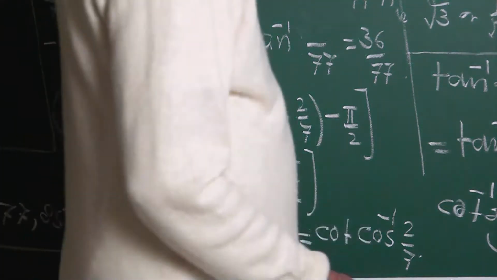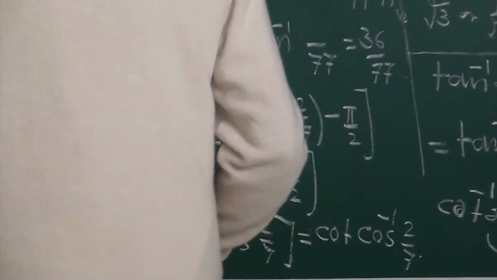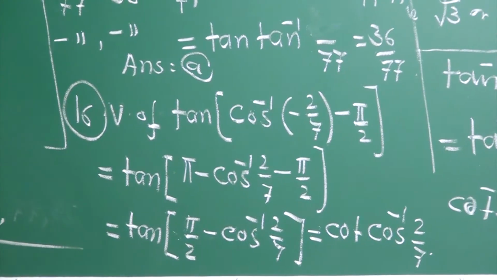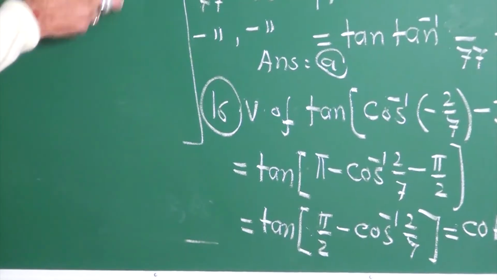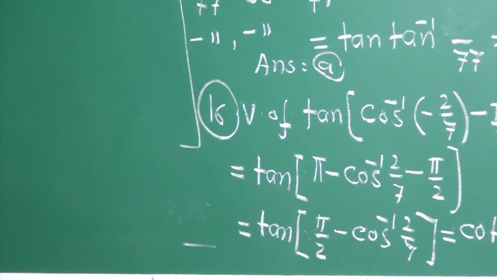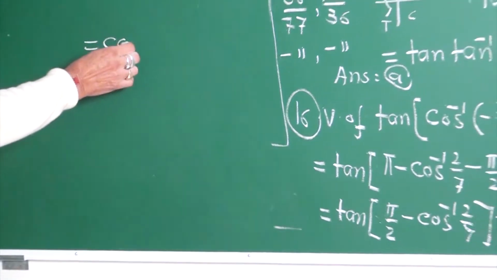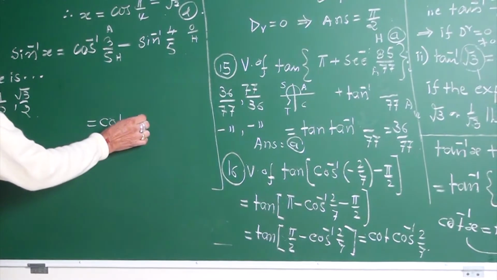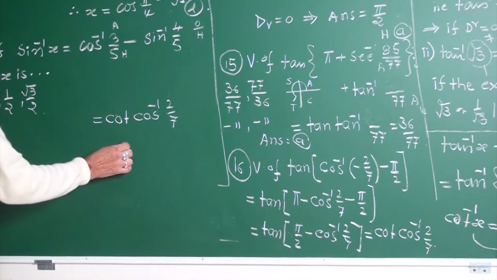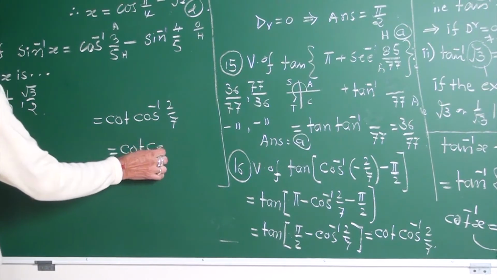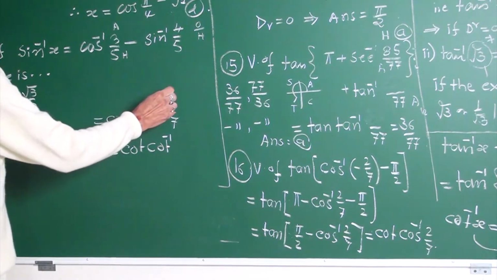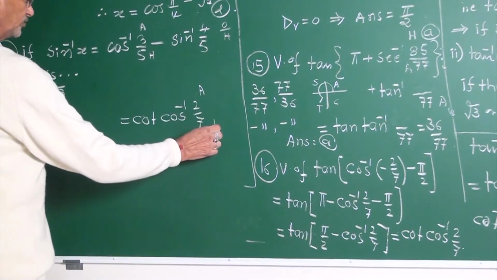I write here, my friend. This is cot of cos inverse 2 by 7. Yes, you want to convert this into cot inverse. In case of cos, adjacent upon hypotenuse.